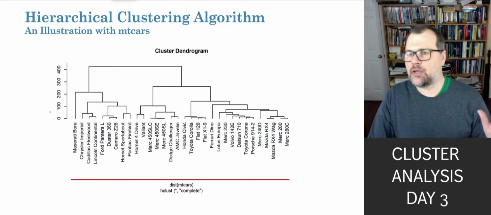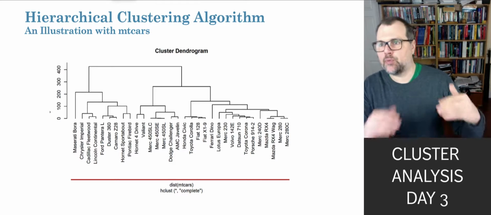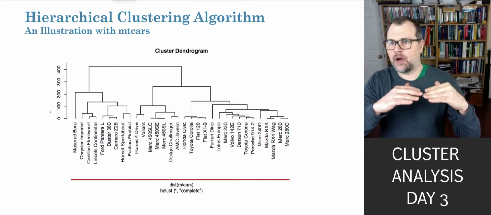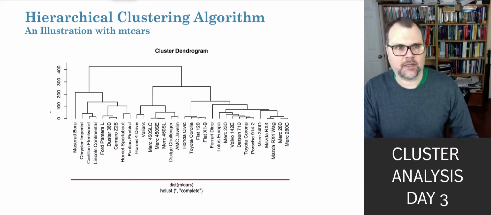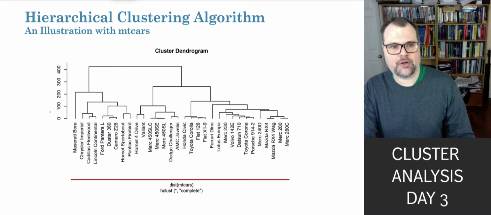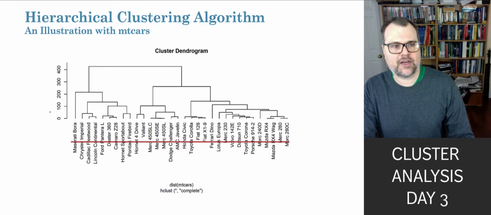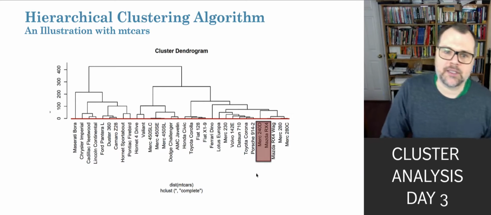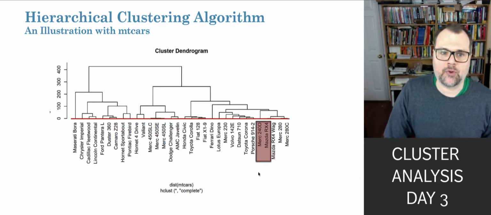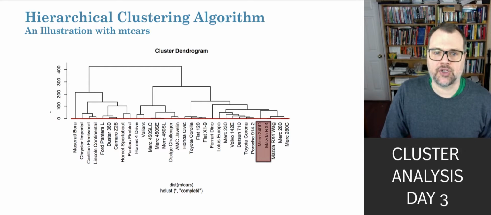Okay, so let me just give you a small demonstration of how you build the tree from the bottom up with this data set. Again, a reminder that it's not scaled here, but let's pretend that this doesn't matter. You look at all your observations, you find out which ones are closest together, and then you group them together. Again, in this specific version of the algorithm, we're using a complete linkage strategy.